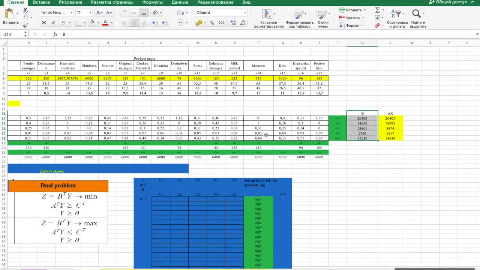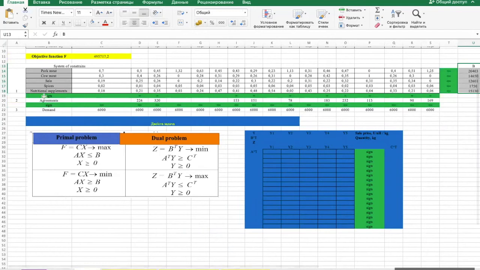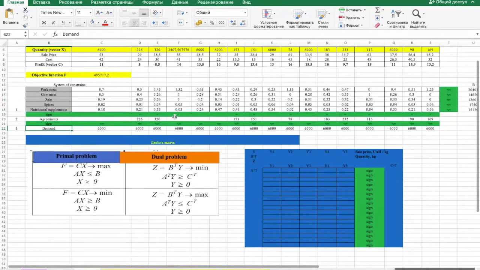And we have restrictions not only on resources, but also according to agreements and demand with customers. So in this data set, what do we need to do? We need to define the dual problem.